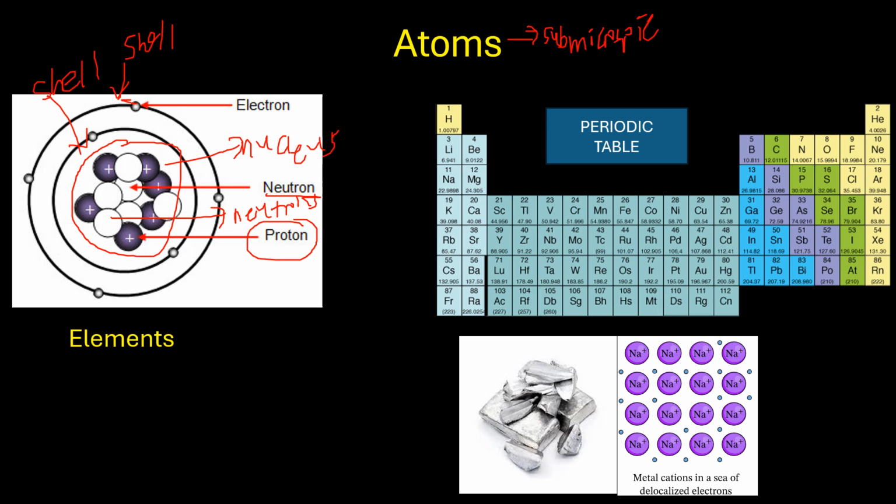So we have different types of atoms, and we classify the different types of atoms based on the number of protons that are present. So if a substance has one proton, then we will call that element or that substance hydrogen. If it has two protons, helium, three protons, lithium, and so on and so forth. We organize the different types of atoms in a table called the periodic table.